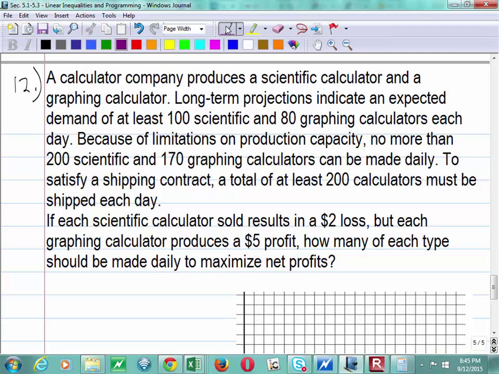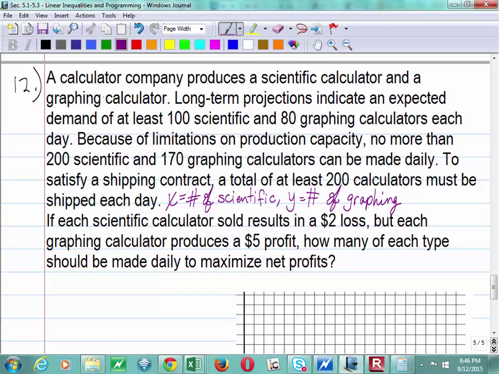So let's define our variables and say that x equals the number of scientific calculators and y equals the number of graphing calculators. Okay.